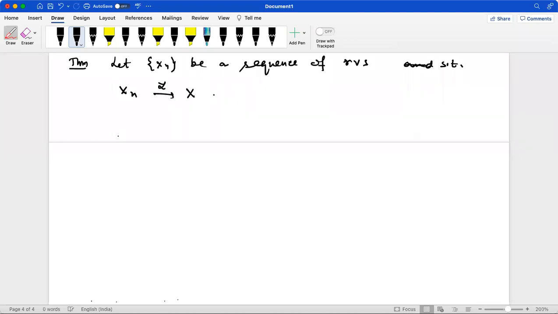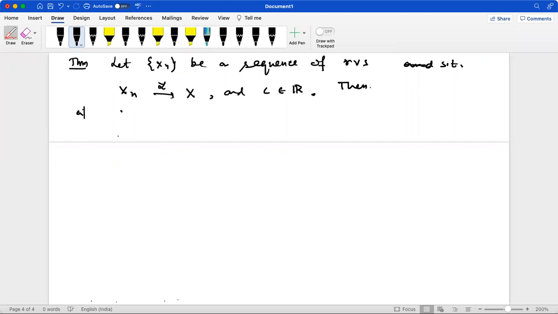That is, the distribution function converges to the corresponding distribution function weakly. And let C be any real number, a constant, a fixed real number. Then several things happen.